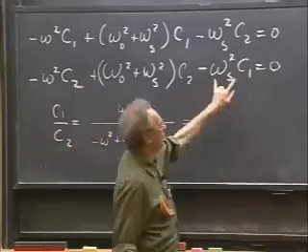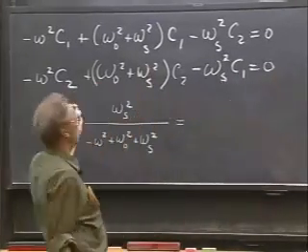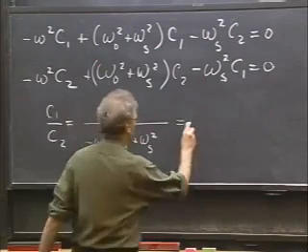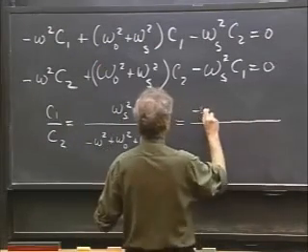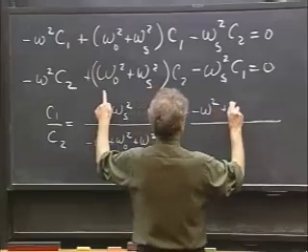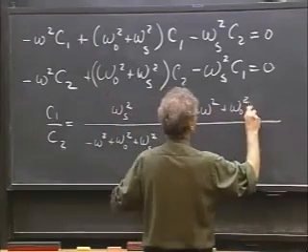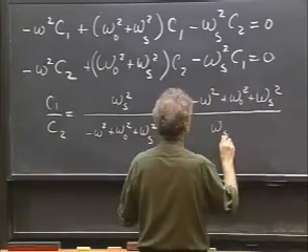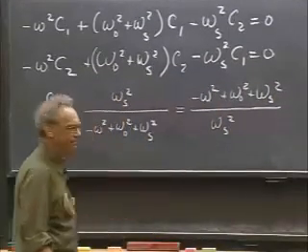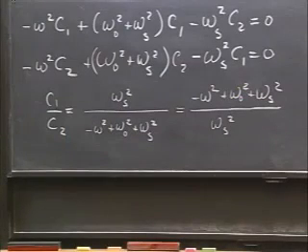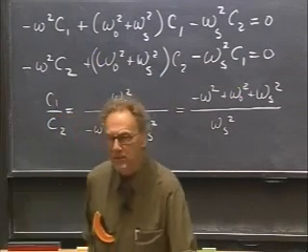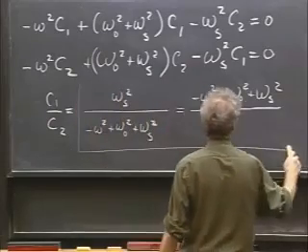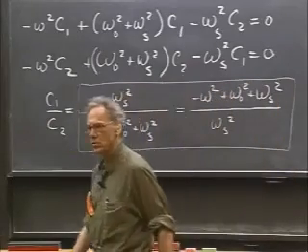So I bring this one to the right side, and I have c1s there and c2s here. And now this becomes upstairs. So I get minus omega squared plus omega 0 squared plus omega s squared, and I get downstairs omega s squared. And now I have eliminated c1 and c2, because if I solve this equation, I get my solutions for omega.